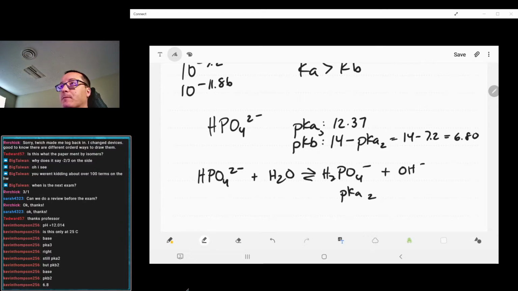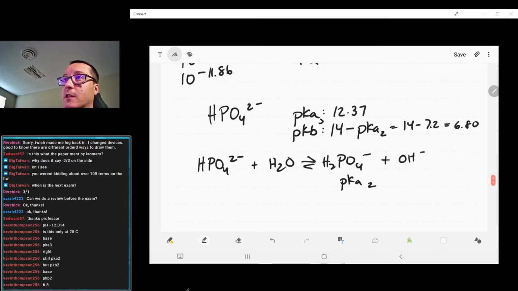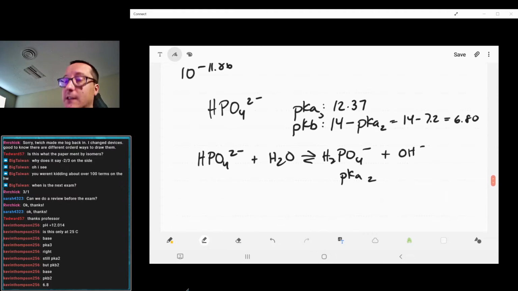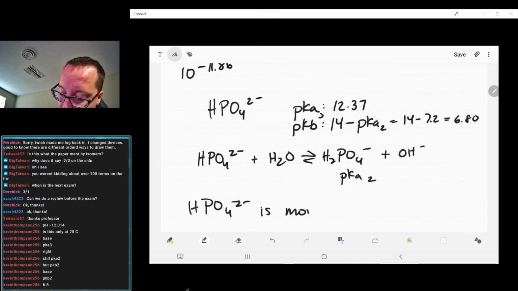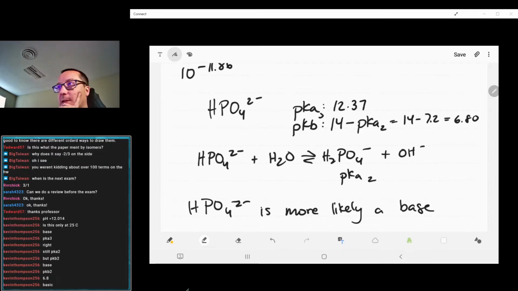Awesome. And so as a result, we're going to see that this substance, the hydrogen phosphate, is more likely a base. It's more likely to react as a base, exactly.